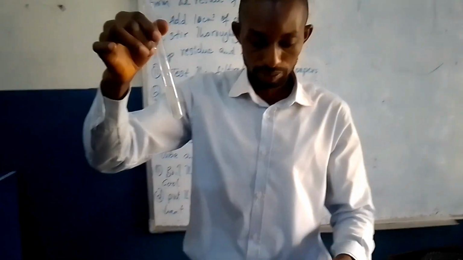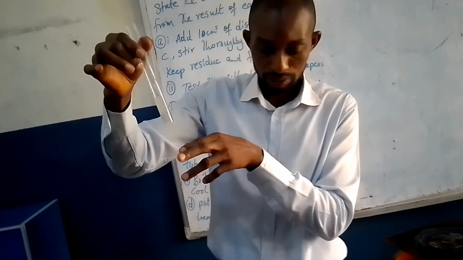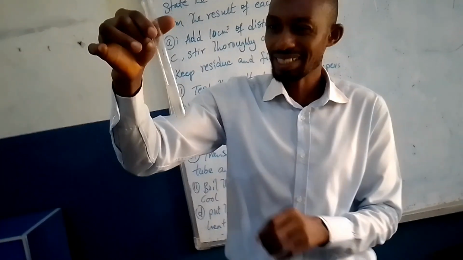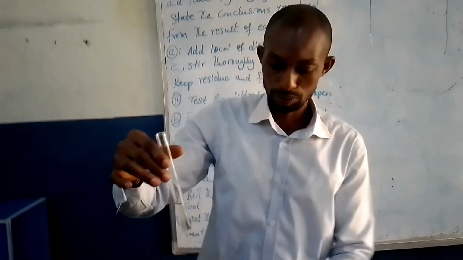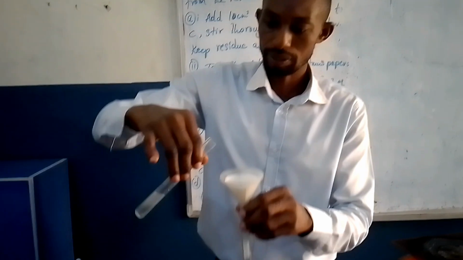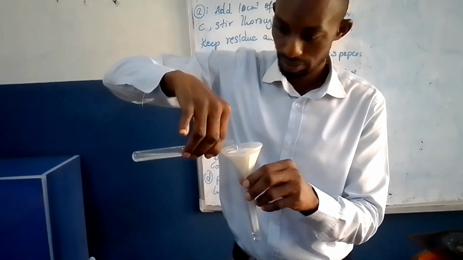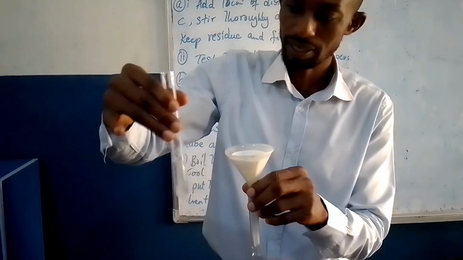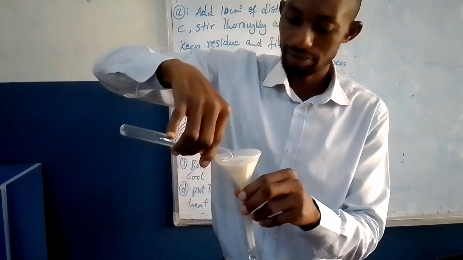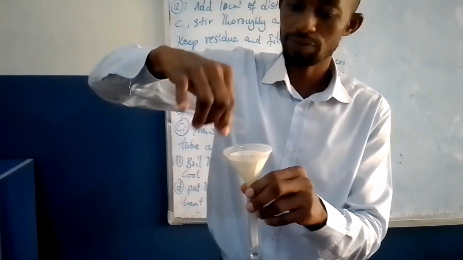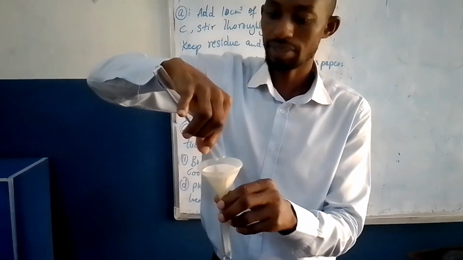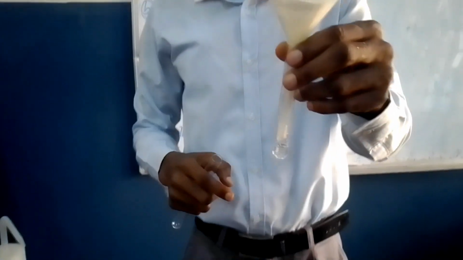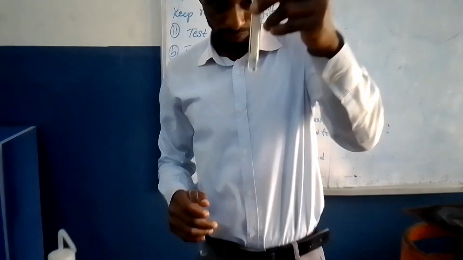Because of continuous filtering, it becomes weak and the precipitate passes through. So I'm going to pour it inside this filter again to refilter so that I can get a clear filtrate. Alright, you can see clear filtrate now coming out faster.